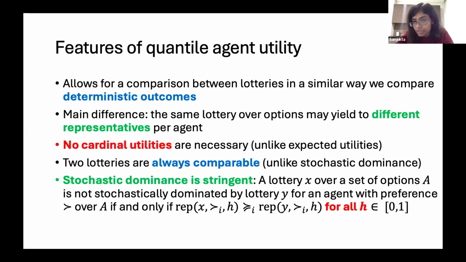So for every quantile value, if X is better than Y, then only X will stochastically dominate Y. So I have a much larger set of lotteries when I'm looking at, let's say, an efficient one. I will define efficiency, and these things will make more sense then.